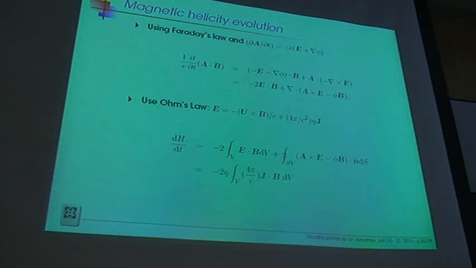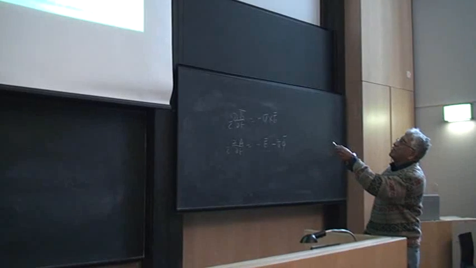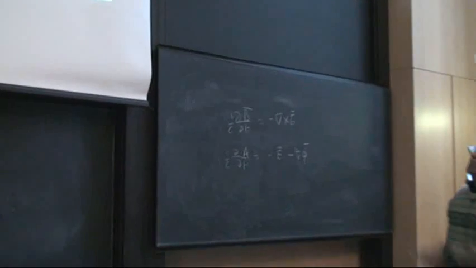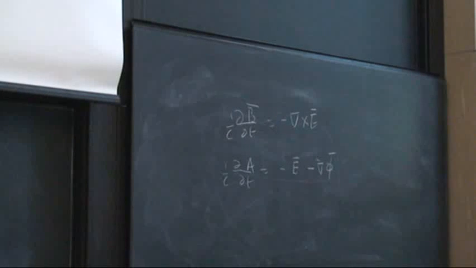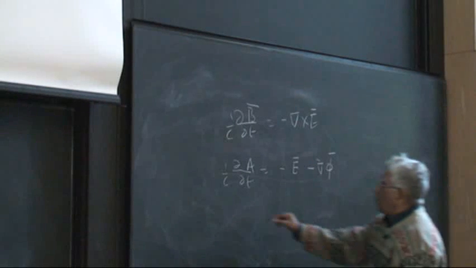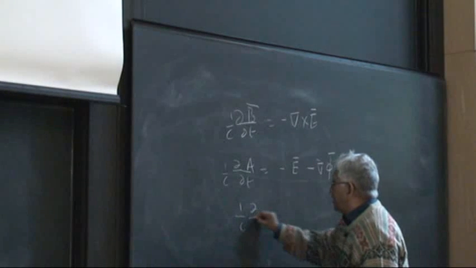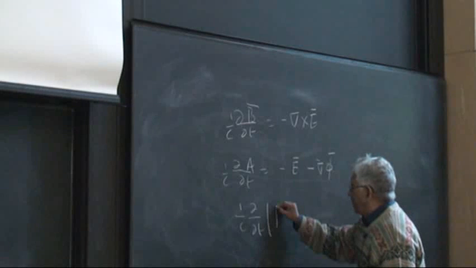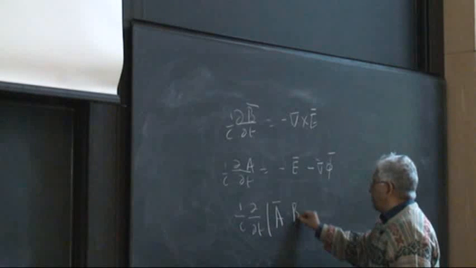Uncurl this equation so that you get (1/c) dA bar/dt is minus E bar, say minus gradient of some phi bar. So I'm just going to put bars in front of these. And then look at this quantity. So you work out what happens to (1/c) d/dt of A bar dot B bar.